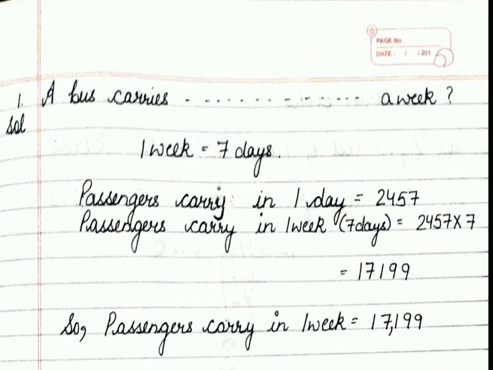So you multiply this 7 with 2457, because 1 day is given and now you are finding many days. Many days are 7. So you multiply 2457 by 7 and the answer will come 17199. Clear? Then we write a hence line: so the passengers carried in 1 week is equal to 17199.